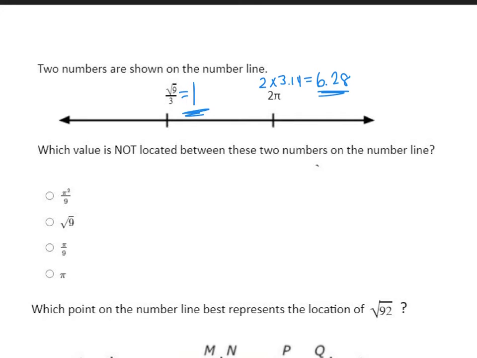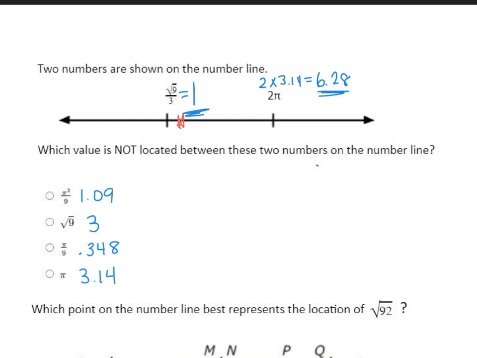So I'm going to do the pi squared divided by 9. When I do that, I get 1.09. Square root of 9 comes out to be 3. Pi divided by 9 gives me 0.348. And pi is 3.14. Okay, so if I were to put these on the number line, my first one would be maybe here.